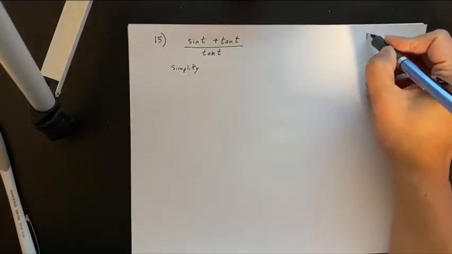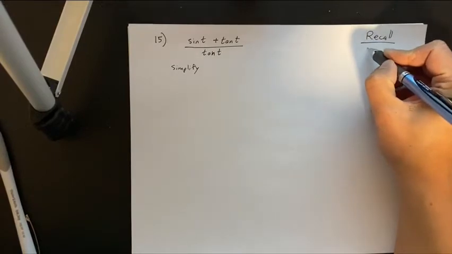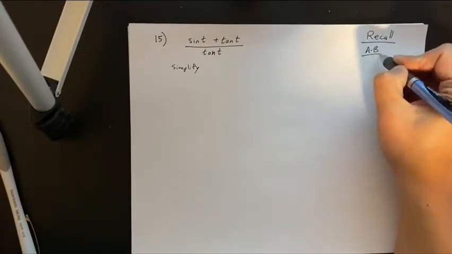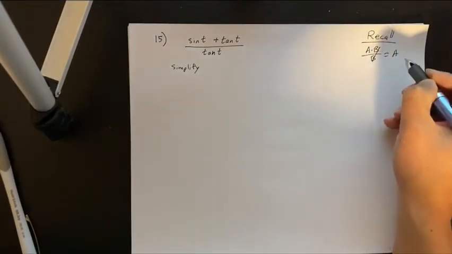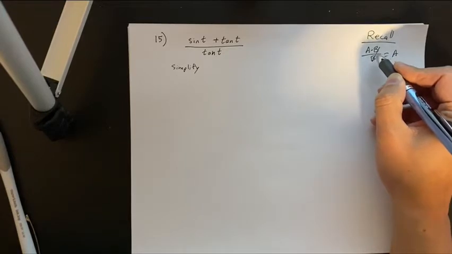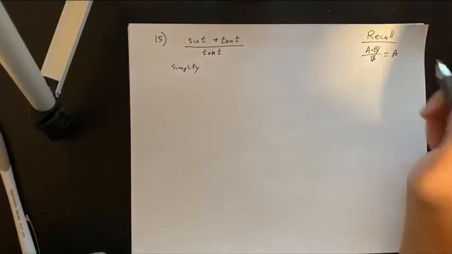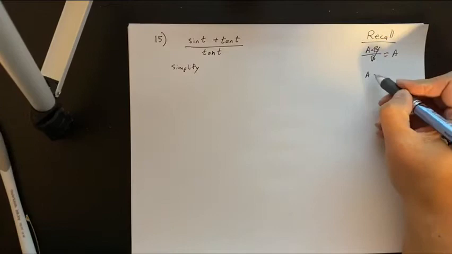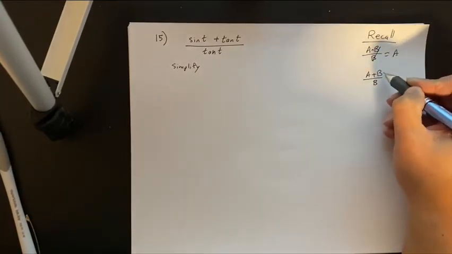So let me remind you guys that if I have a times b over b, then you can cancel that out and it will just be a, right? That's under multiplication. If you multiply and divide, they do just kind of cancel each other out. But if you have a plus b divided by b, you cannot do that.